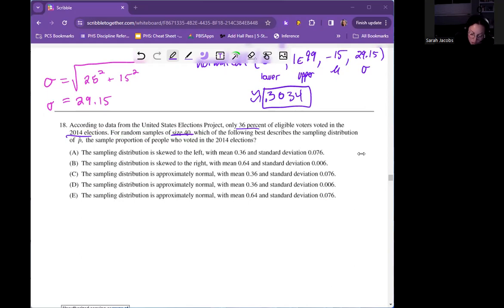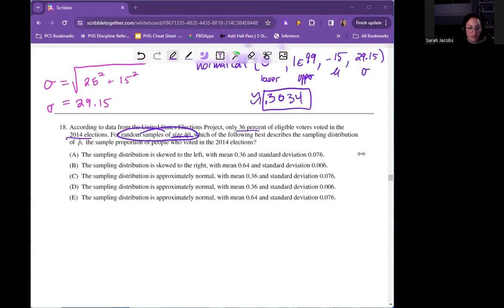Okay, so random samples of size 40. 40 is greater than 30. And I know that seems obvious, but that means if n is greater than 30, wait, I'm making the same mistake. This is a proportion, not a mean. So it's not about being greater than 30.